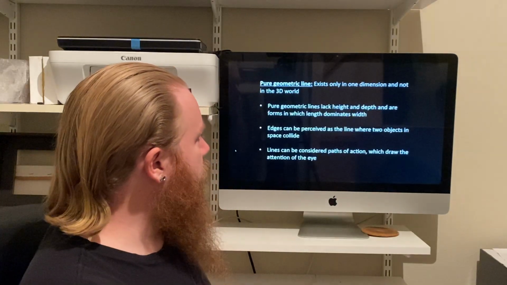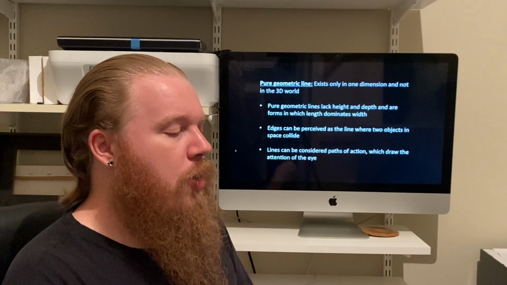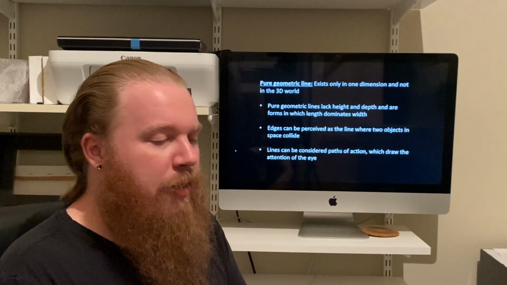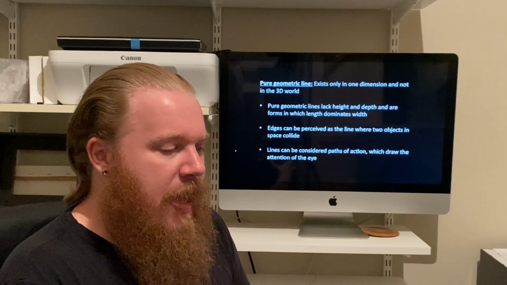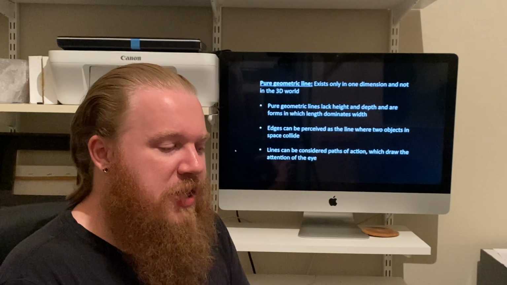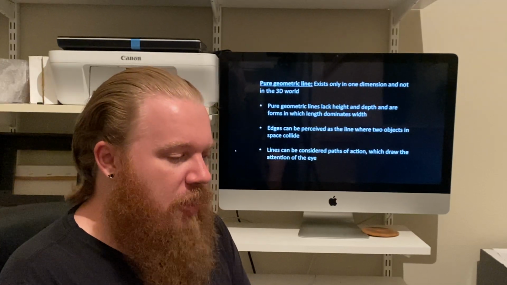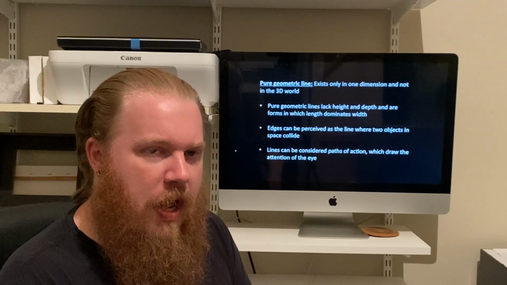Now, it is important to note that there are different kinds of line, though. So, in most of our perceptions, when we think of line, we're probably going to think of pure geometric line, and that exists only in one dimension and not in the 3D world. So, pure geometric lines lack height and depth and are forms in which length dominates width.